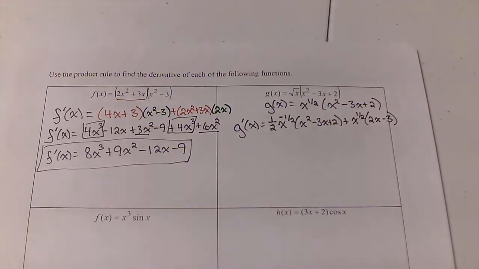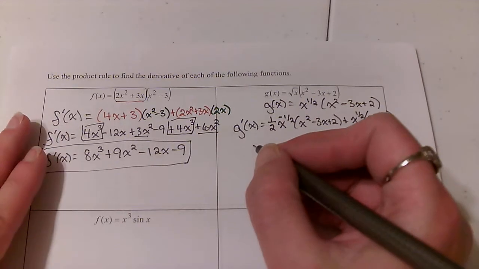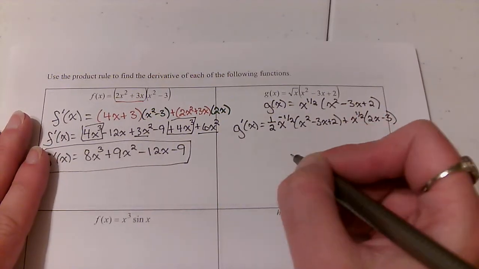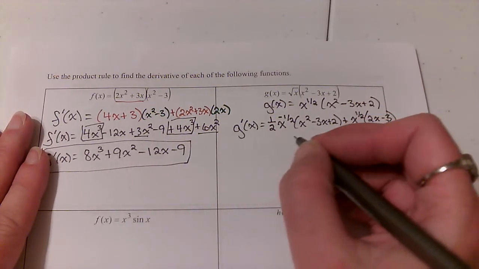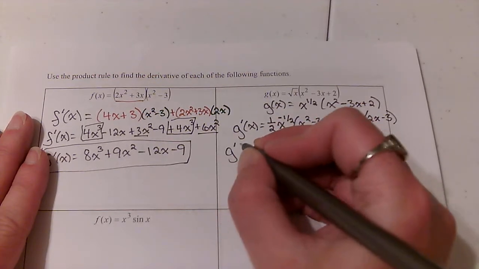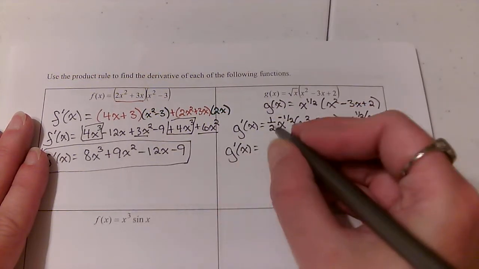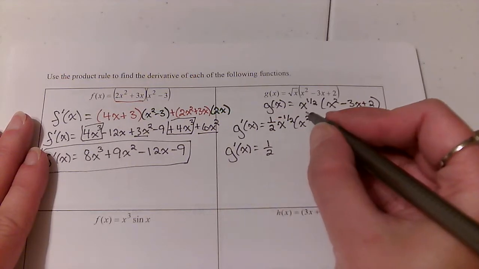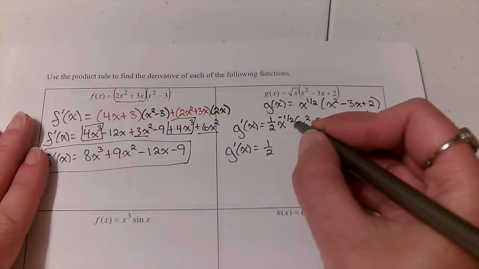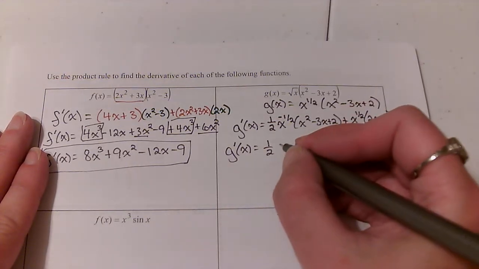Now, if all they asked for really was to find the derivative, I mean, we've done it. The rest would be just simplification, which I know does come in handy sometimes. So if I distribute, I'd get 1/2. This is like having 4 halves plus negative 1/2 is 3 halves.